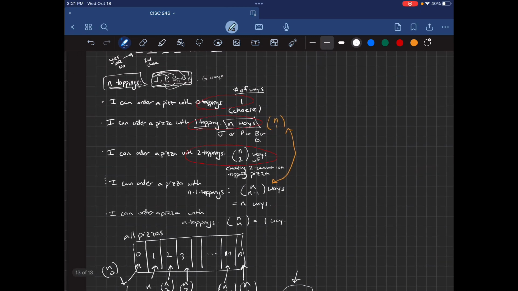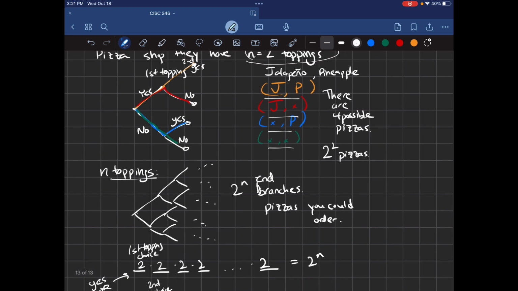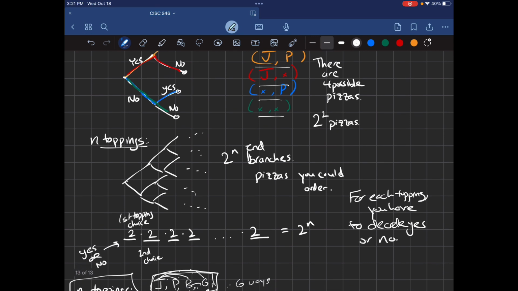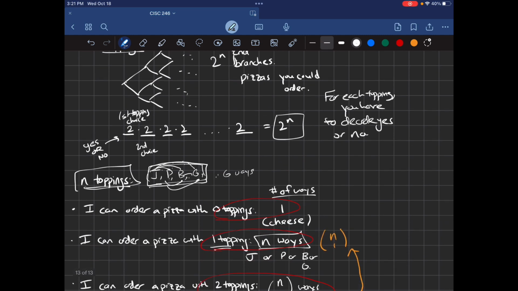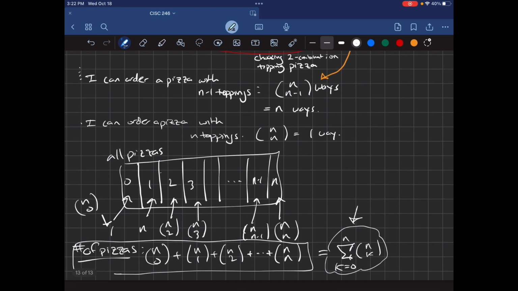On the other hand, if we did it a decision tree way, saying, okay, for each topping, you have to decide yes or no. And that led to this expression here. But in the end, it's counting the number of pizzas that are possible. And so those 2 quantities are equal, 2 to the n and this sum here.